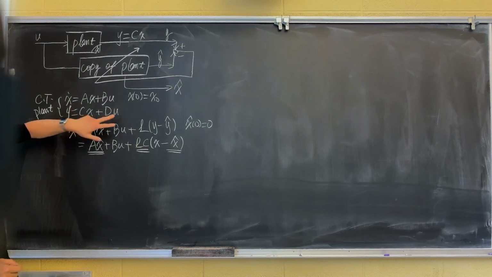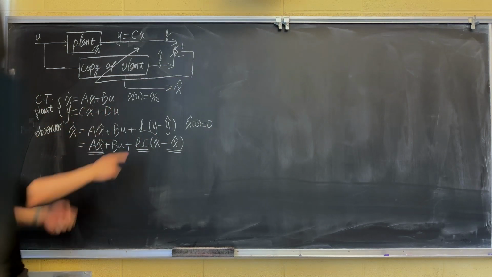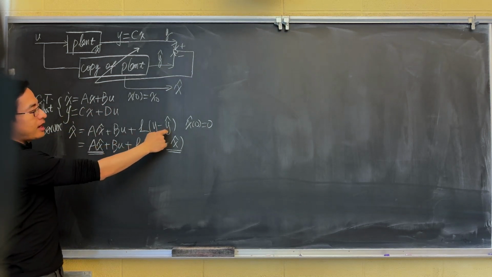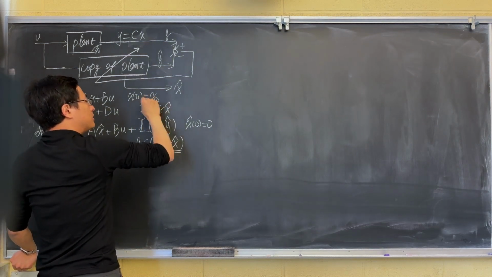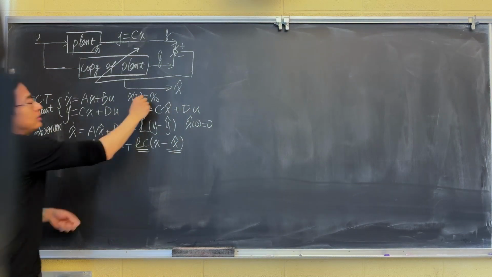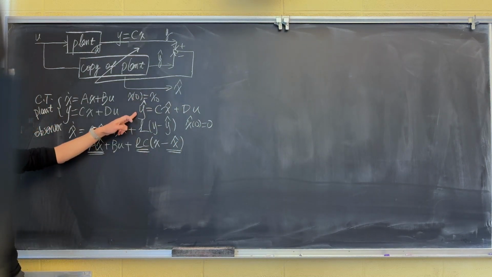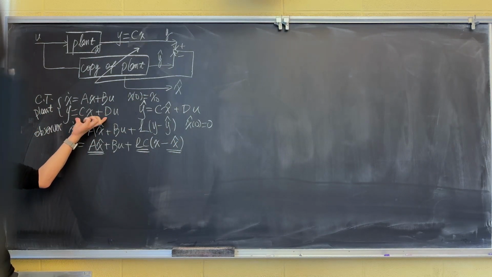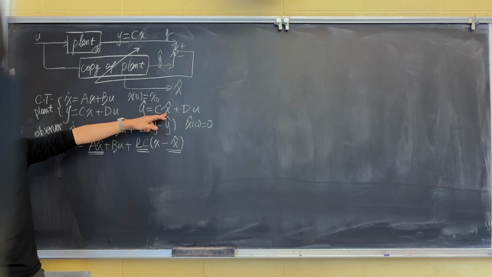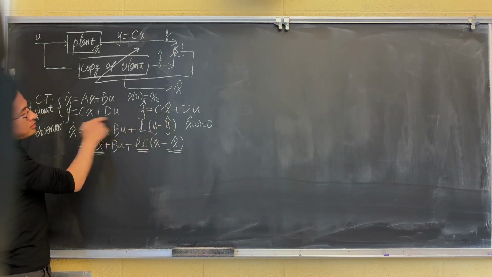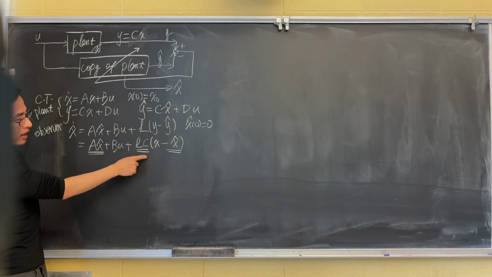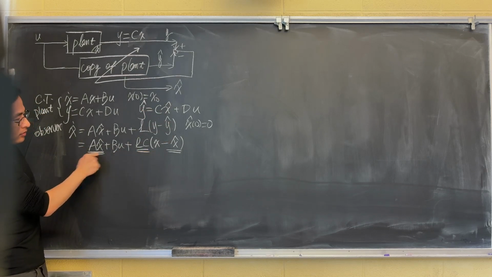And if we plug in the model of the output y and the estimated output y hat, the estimated output is a copy, the same model as the output, but with the state replaced with the observer estimate. Plug these two in here, and you will arrive at this equation.